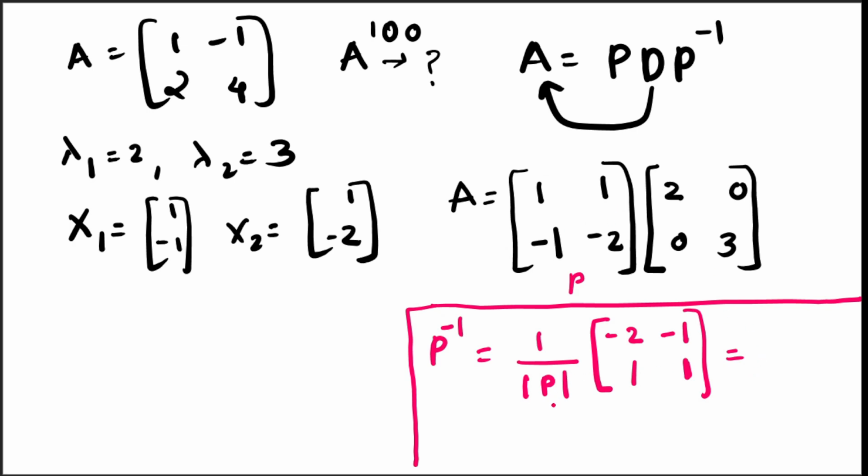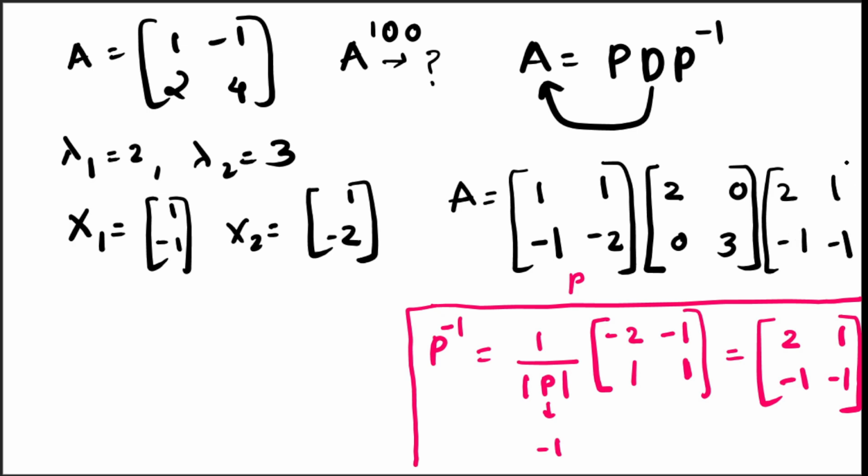So 1 by minus 1 times this gives 2, 1, minus 1, minus 1. So this is P inverse. Let's put it here.